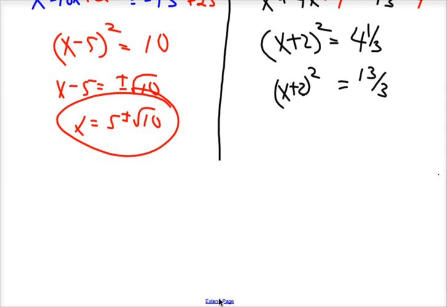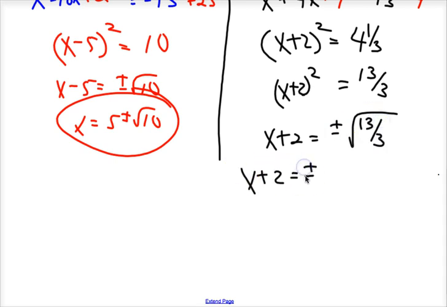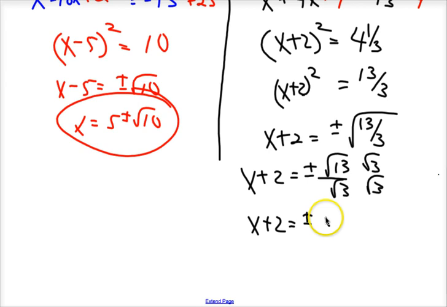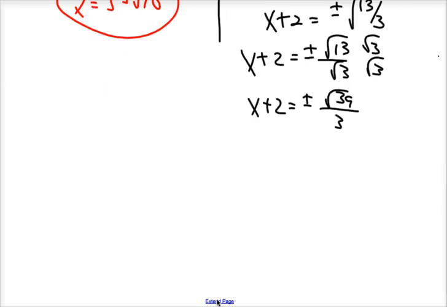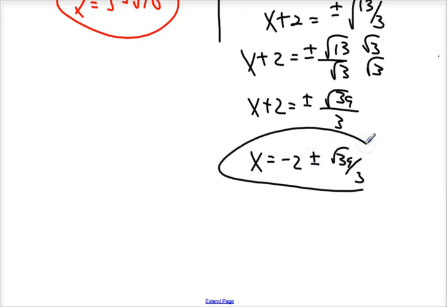Square root both sides, and you get x plus 2 equals plus or minus square root of 13/3. That's x plus 2 equals plus or minus the square root of 13 over the square root of 3. Can't have that, so we're going to multiply square root of 3 on top and bottom. We get x plus 2 equals plus or minus the square root of 39 on top and a 3 on the bottom. And then we subtract the 2 over. Put it in front. That's what x equals. So that's solving by completing the square.